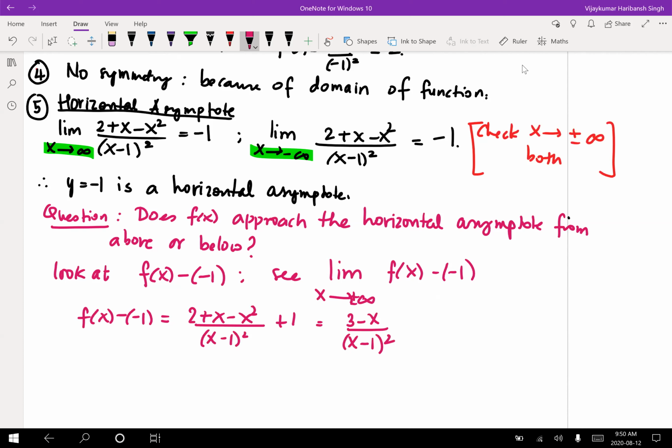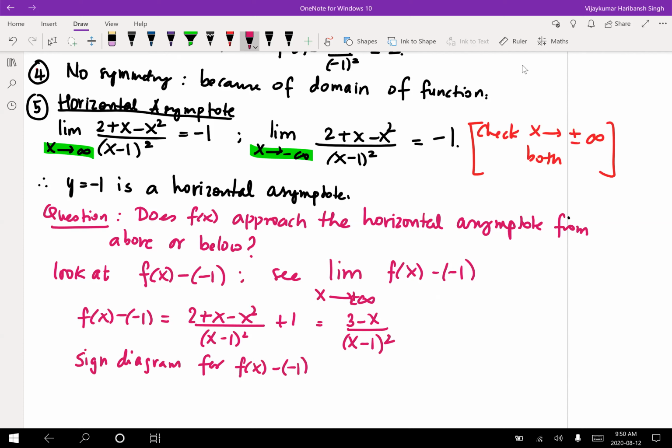So instead of looking at the limit, you can draw the sign diagram for f of x minus of minus 1, because it will tell you which side it approaches from.